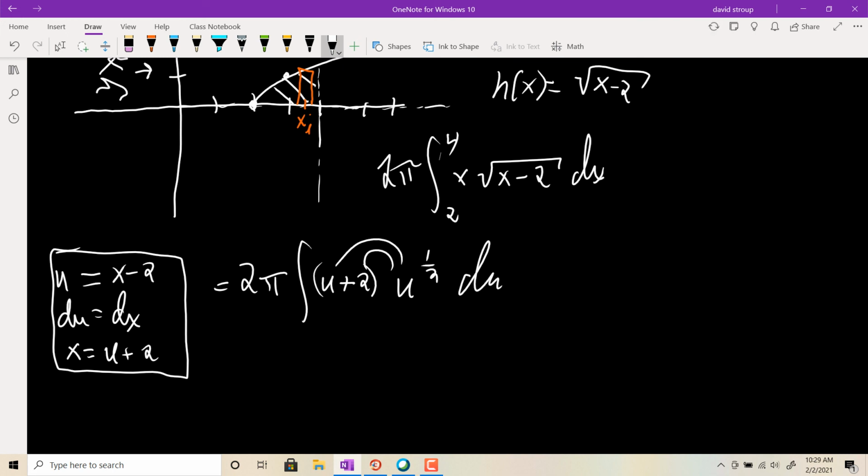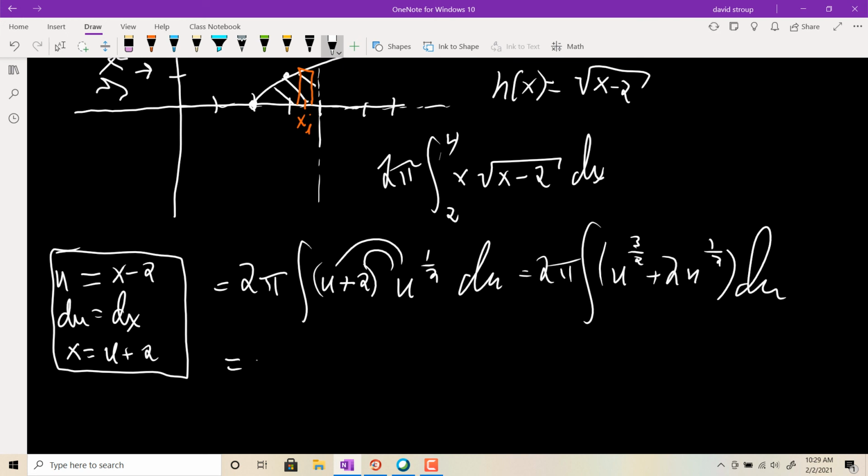So this will end up being 2 pi times the integral of u to the 3/2 plus 2u to the 1/2 du. This will be 2 pi times u to the 5/2, just power rule, times 2/5, plus 2u to the 3/2 times 2/3.